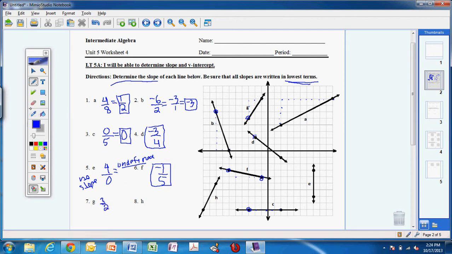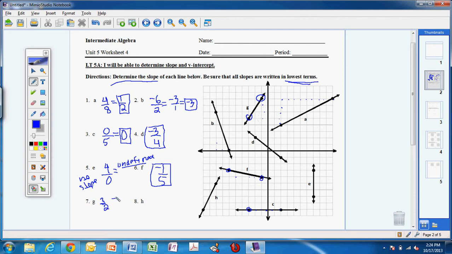Now notice, guys, you don't always have to start from that point right there. For example, say I started at my second point right here. Well, my rise, because slope is rise over run, how much am I rising to get to this second point? To get there, I need to go down 1, 2, 3. I need to go down 3.